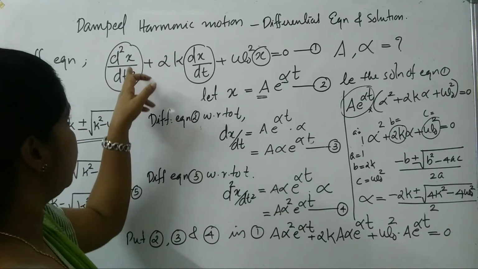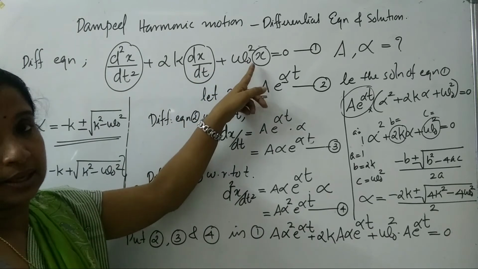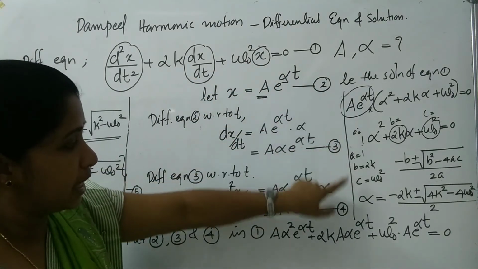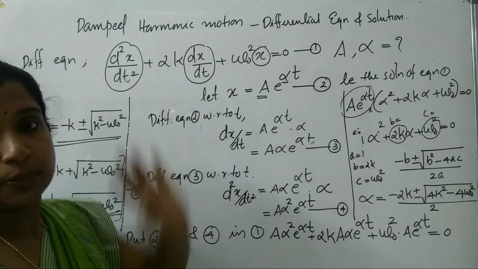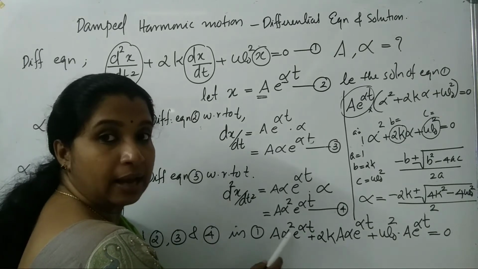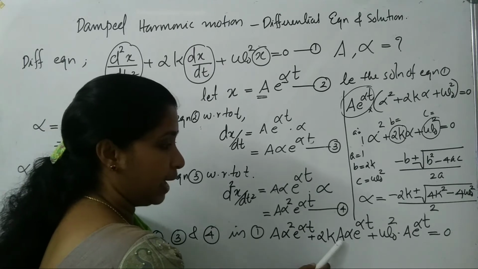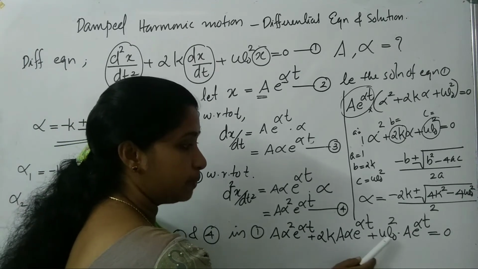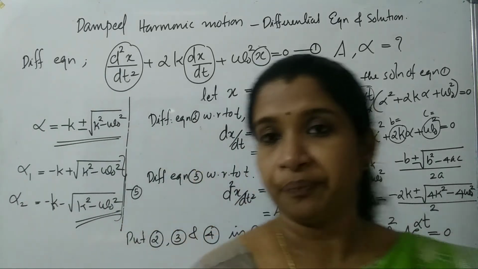So we get the value of d square x by dt square, dx by dt and x. Put equations 2, 3 and 4, that is x, dx by dt and d square x by dt square, in equation 1. By substituting the values, we get a alpha square e raised to alpha t plus 2k a alpha e raised to alpha t plus omega 0 square into a e raised to alpha t equal to 0.